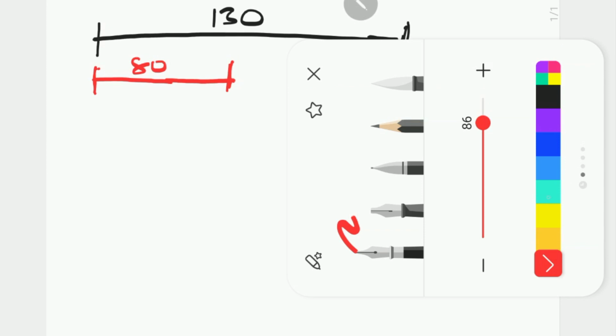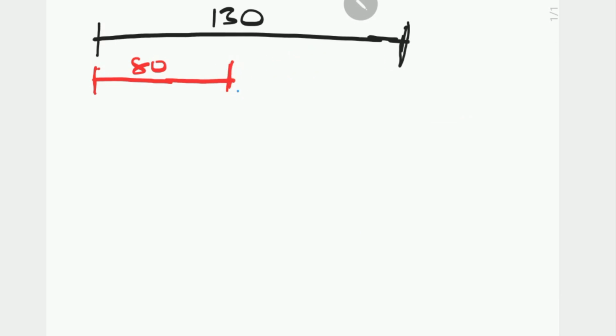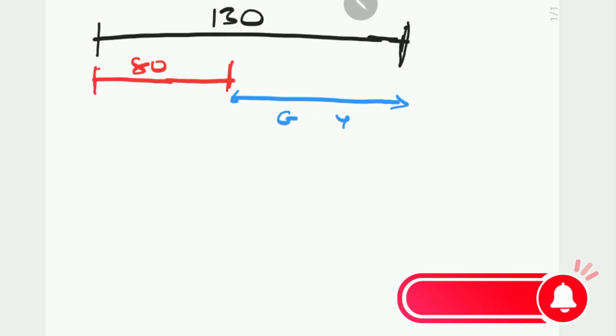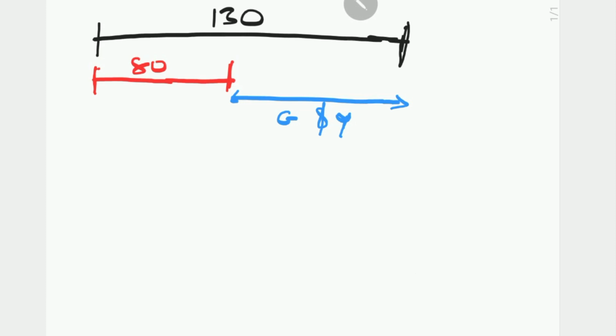So that means this portion was made up of green and yellow. Good.